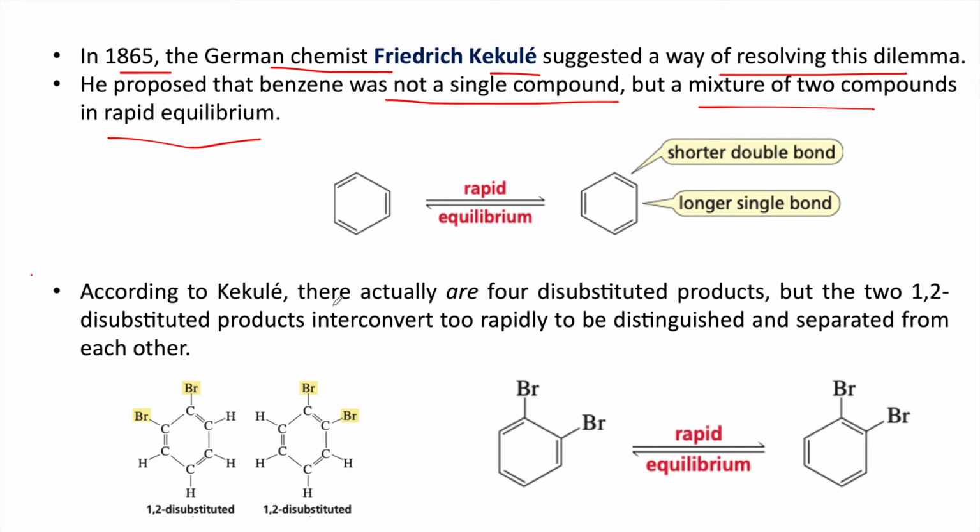According to Kekulé there are 4 disubstituted products, but 2 of them interconvert too rapidly to distinguish and separate from each other, so they are very difficult to separate.